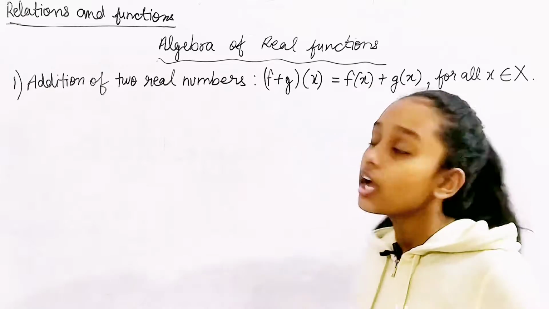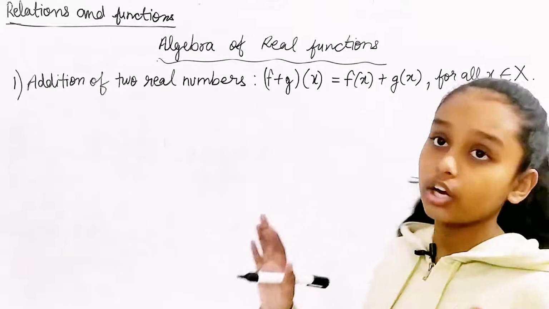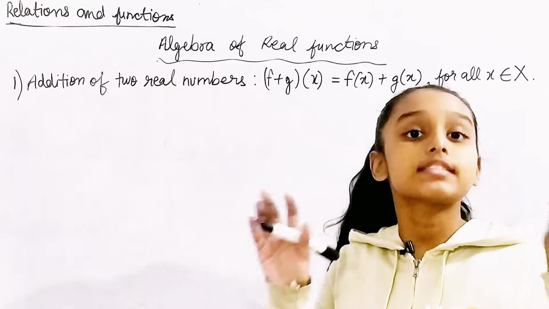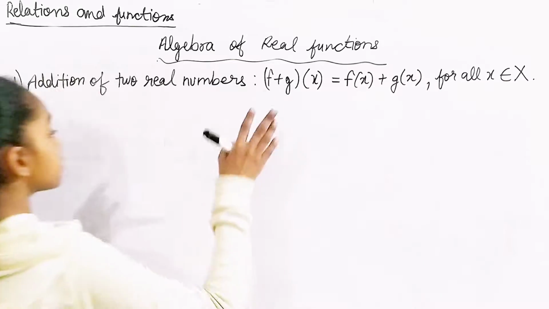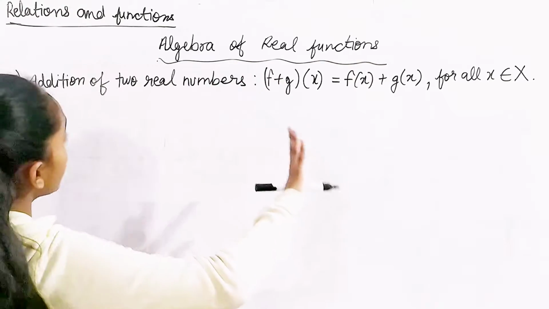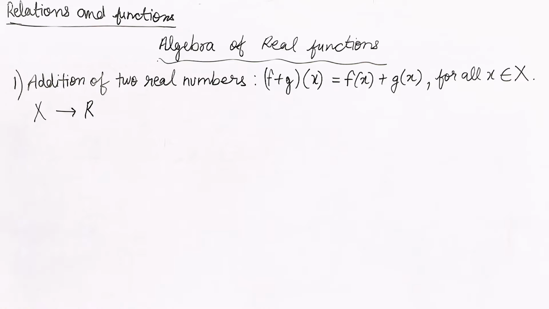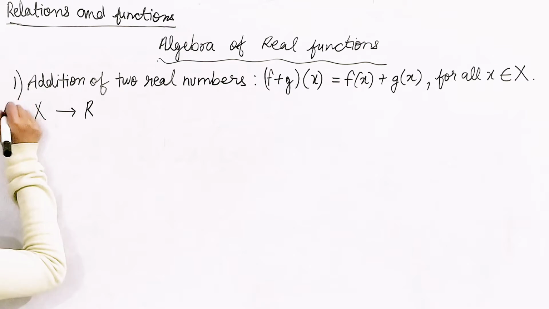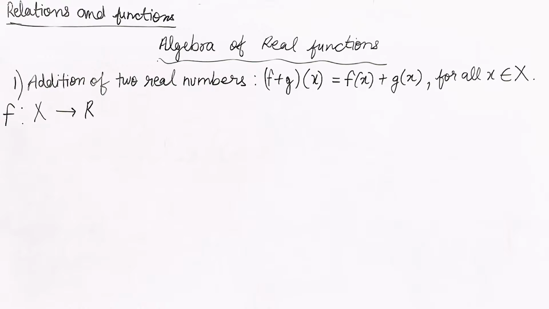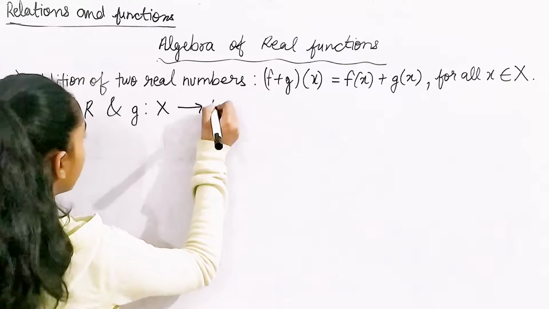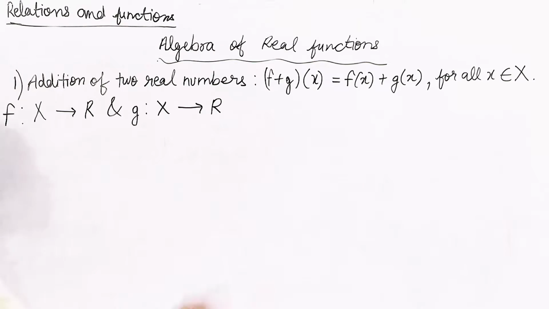Let's say we have the set R for the real numbers, and X is just a set. We're talking about two sets, X and R. The function f is a function from X to R, and g is also a function from X to R. And X is a subset of R.